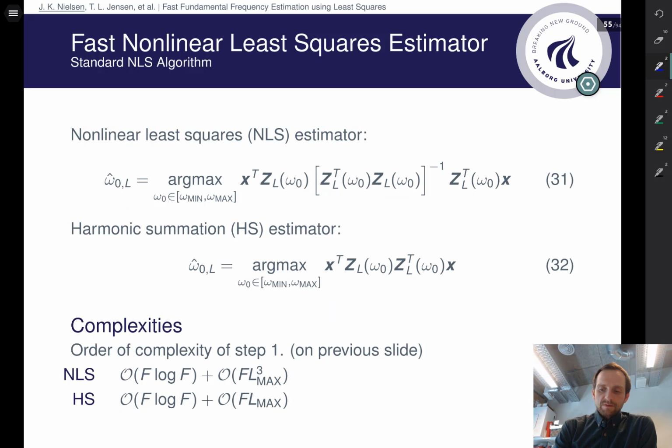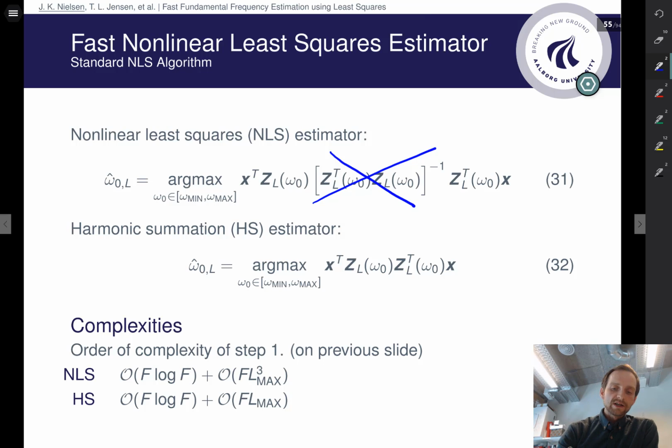In equation 31 I've again written this nonlinear least squares estimator, and in equation 32 I've written the harmonic summation estimator. This is in a different form than what you have seen before, and the reason I've included it is that you can see how close 31 and 32 are to each other. If I just removed this part here, then I would end up with the harmonic summation method.